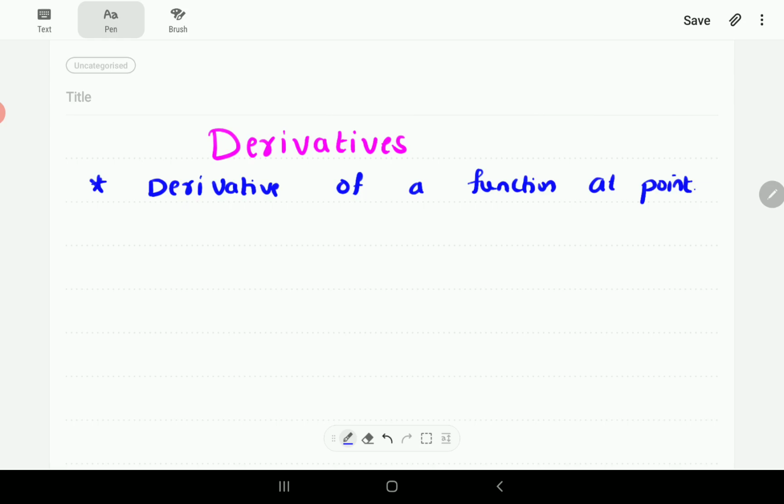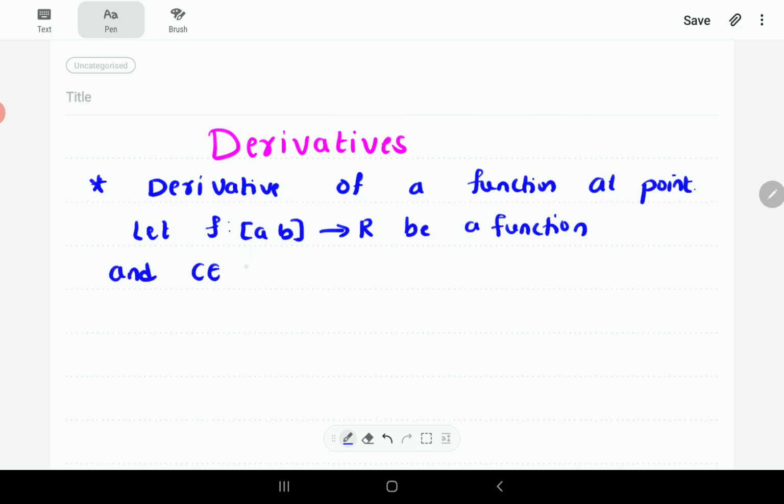So here if I have, let's say, f is a function from the closed interval [a, b] to R. So it's a real valued function. Let it be a function. And say c is any point in the open interval (a, b).